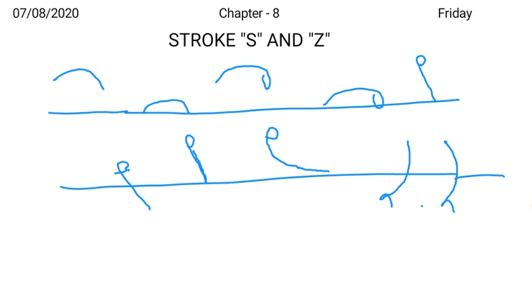So what you have to do, I always repeat that. First read the shorthand outlines, copy the shorthand outlines and transcribe. After transcribing, you check up whether you have written the spellings correctly. If you make any spelling mistakes, you write it several times so that you will not repeat it again.